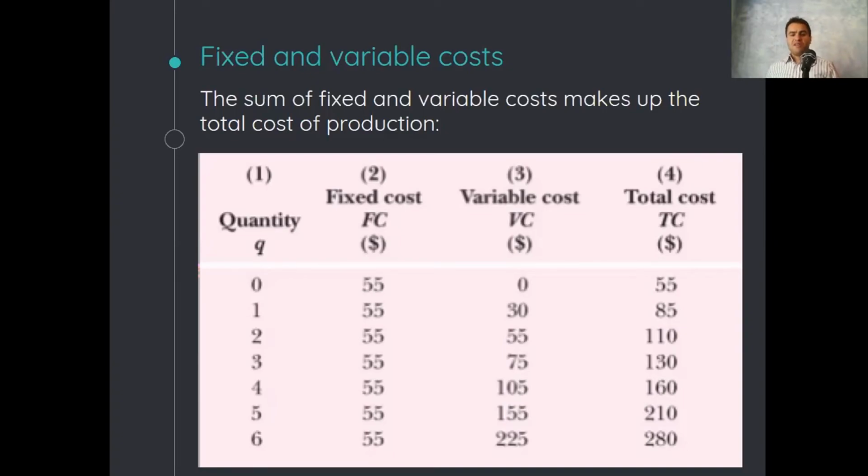So the variable costs start to increase, 30, 55, 75, and so on, while the fixed costs are just a monthly fee that you have to pay, that is fixed, and you add them up. That is more or less how a total cost structure works with respect to the two simplest costs that we're working with. Questions after this table?